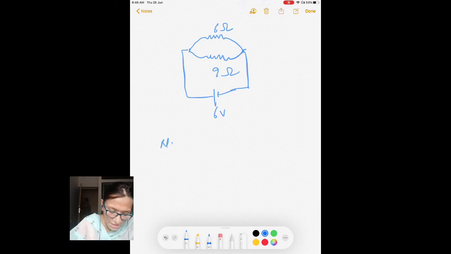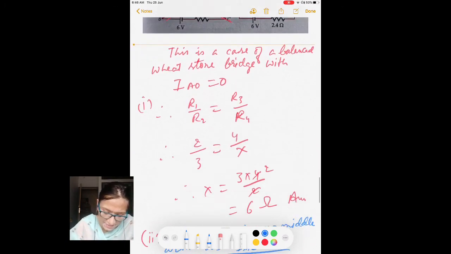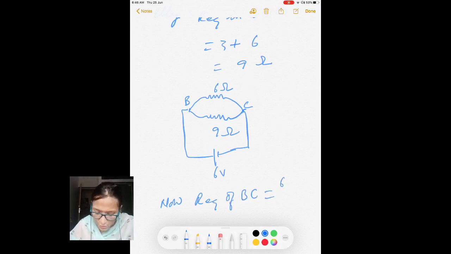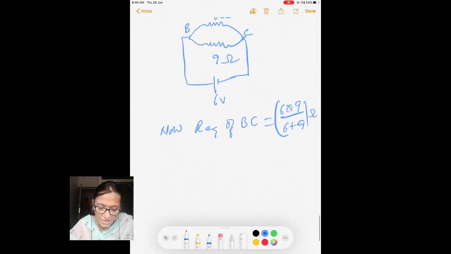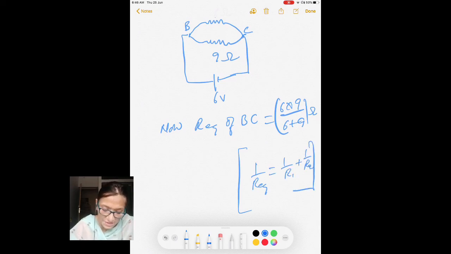Now R equivalent, and the two ends are called B and C. Now R equivalent of BC is equal to 6 into 9 upon 6 plus 9 ohm, using this law, 1 by R equivalent is equal to 1 by R1 plus 1 by R2, parallel combination of resistances.